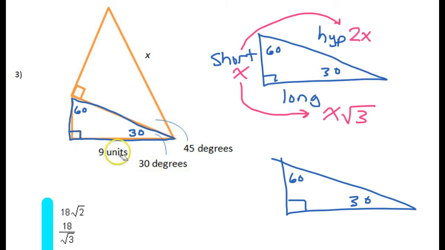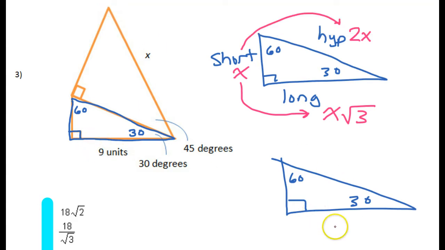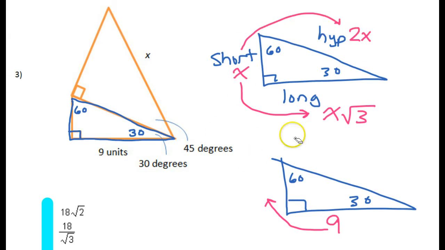Now, this problem throws us a little bit of a curveball, because they don't give us the short leg, they give us the long leg. So that's weird. Well, look, it's all about the short leg, so we have to find the short leg as fast as we can. Let's use these little formulas that I wrote up at the top.